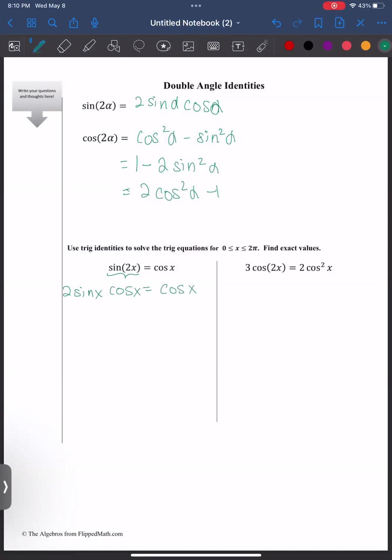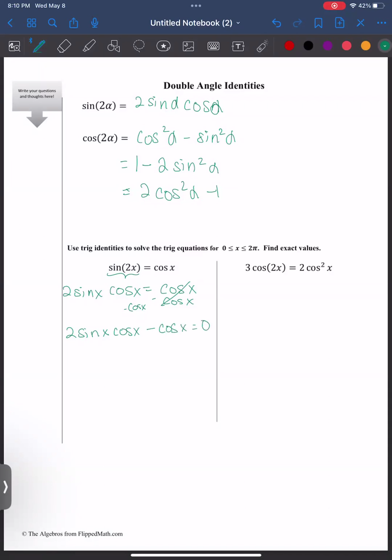So I'm going to start by subtracting cosine of x from both sides. That's going to cancel out and give me 0. And then I'm going to have 2 sine of x cosine x minus cosine of x.